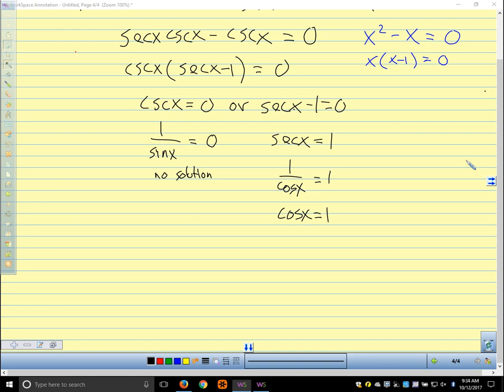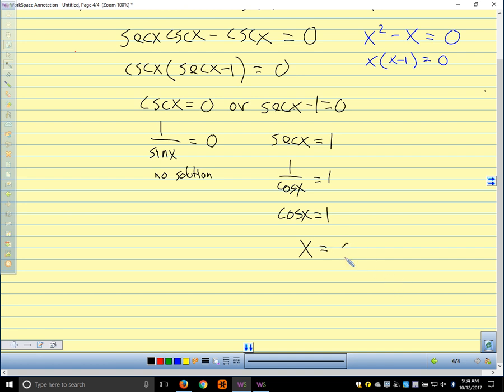So now we go to the unit circle and we say, when is cosine x equal to 1? X equals, what is it? For a cosine, x is 1. So 0.